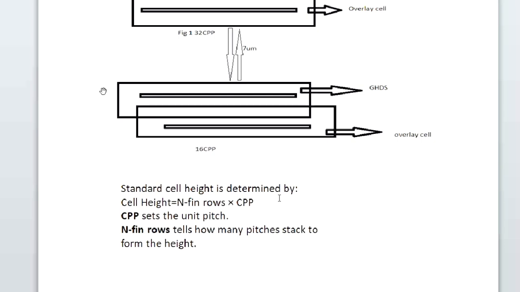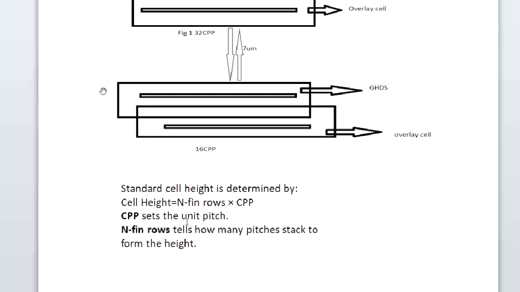Let's consider a 7.5 track cell height, 7.5 into 32 CPP. I have considered 32 CPP in my design because 32 CPP is a good choice to go with in the design. CPP defines the cell height.